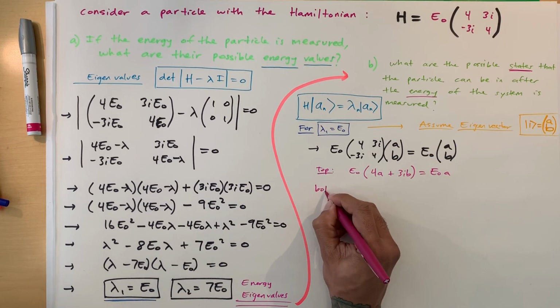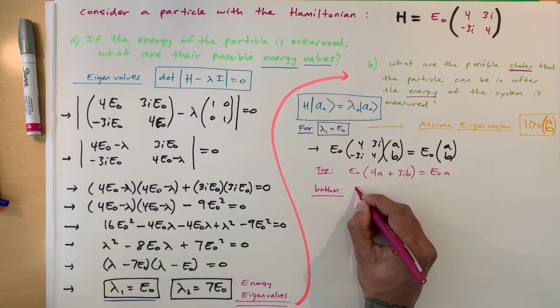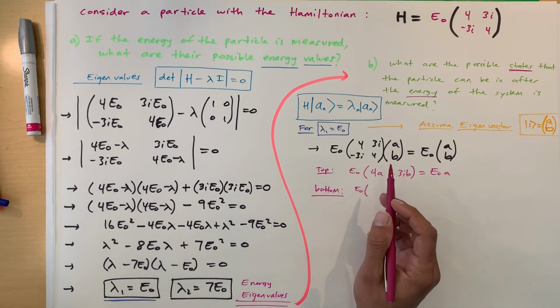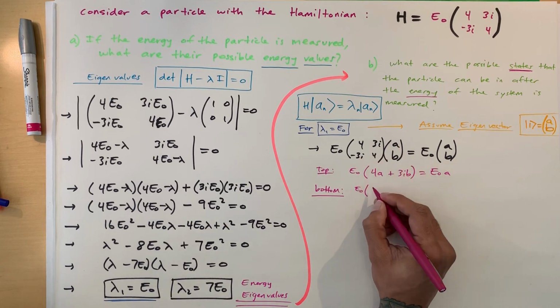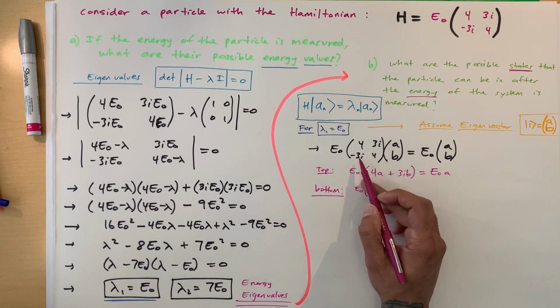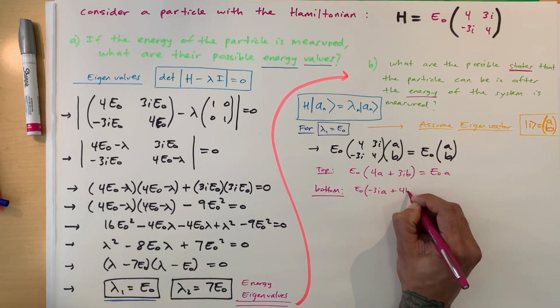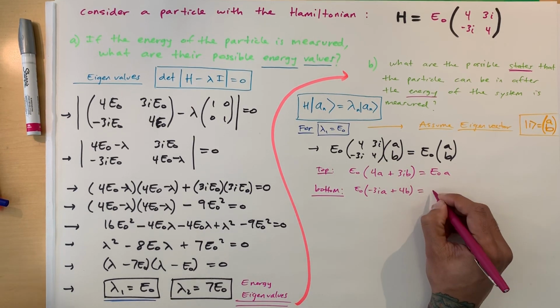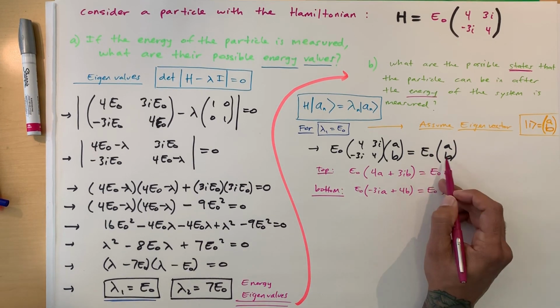And now the bottom is going to be, let's write the E naught on the outside. We're going to have this times this, so negative 3ia plus this times this, so plus 4b is equal to E naught times b.